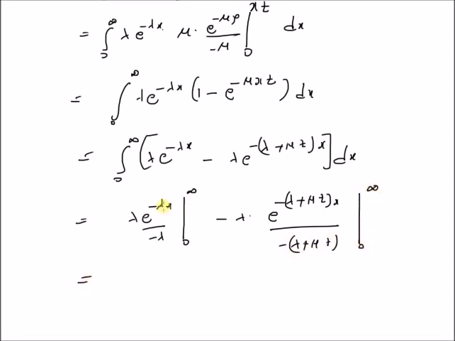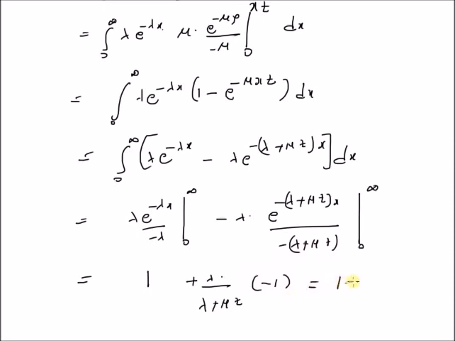For infinity, this is 0, and for 0, this is 1, so minus and minus gives plus, and we have 1. For the second term, minus and minus will cancel out, giving lambda by (lambda plus mu z) into, when we put x equal to infinity, this is 0, and x equal to 0, this is 1, so we have minus 1.